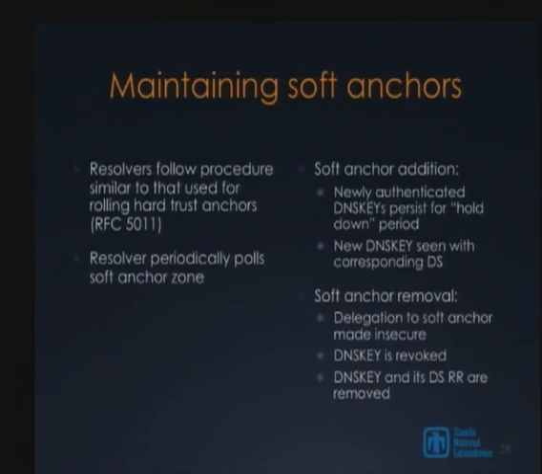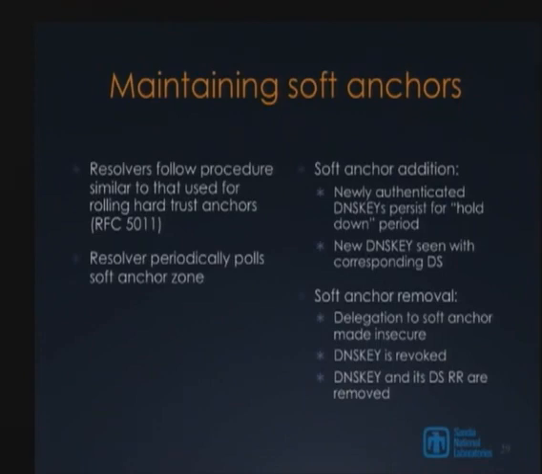And after it's been there for a particular amount of time to validate that it's actually valid. And then also if a new DNS key shows up with the corresponding DS record, then they look at that and say, okay, we'll add that into our repository. The way that they're removed is if the delegation is ever made insecure, meaning the DS records at some point in the line are pulled so that there's no path of trust to the bottom nodes, the zones below, I should say.